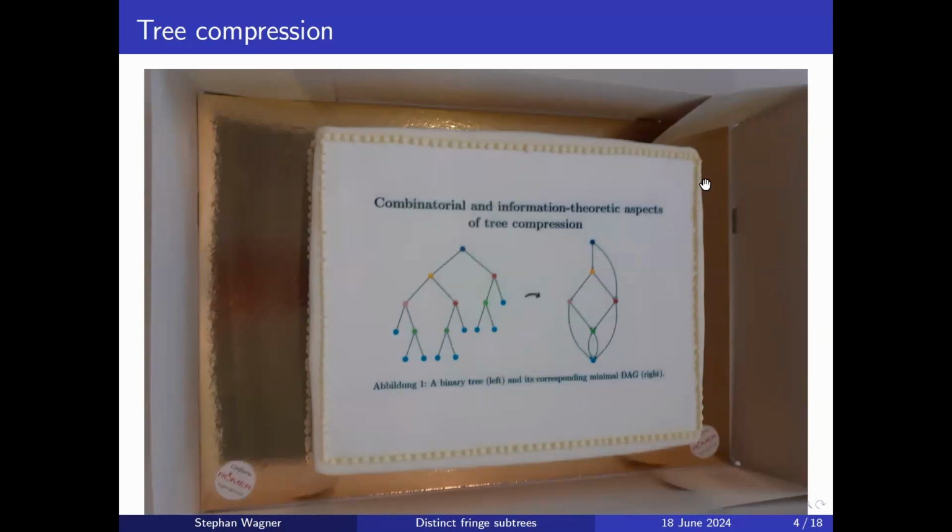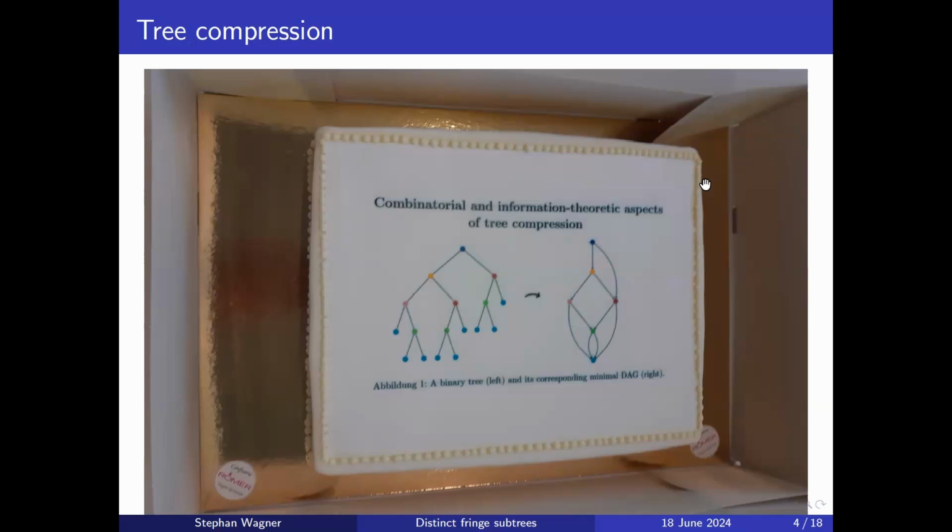So what you do there is you have a tree like this, and then you identify vertices that have identical fringe subtrees. So that is exactly what's happening here. The 2 red vertices here have identical fringe subtrees, so they are merged.